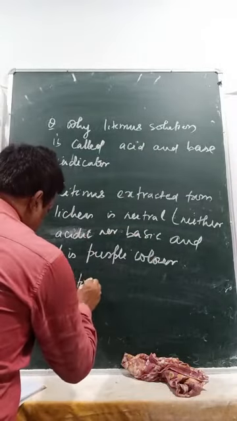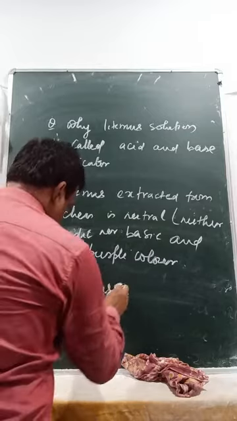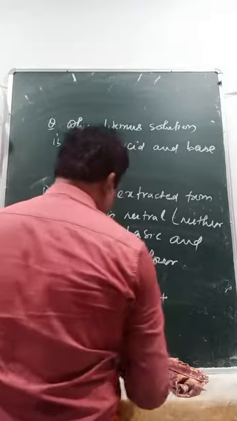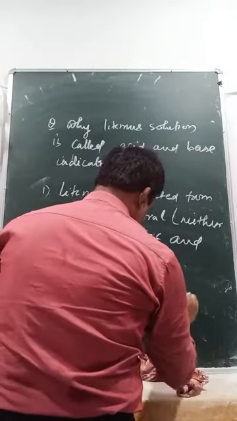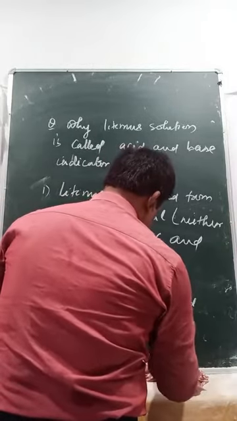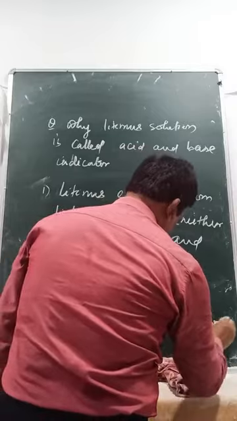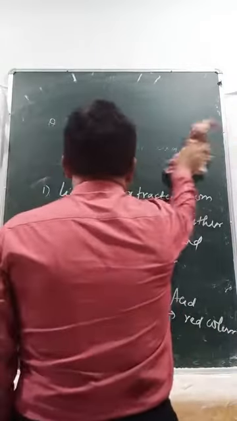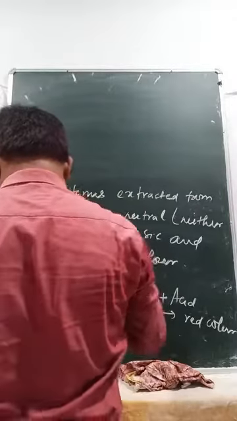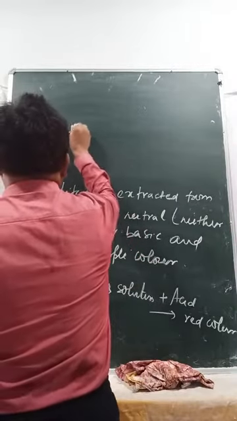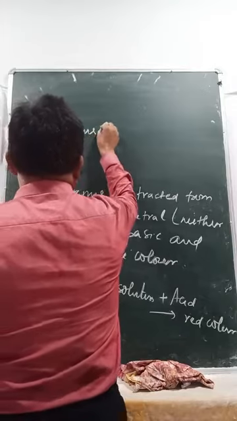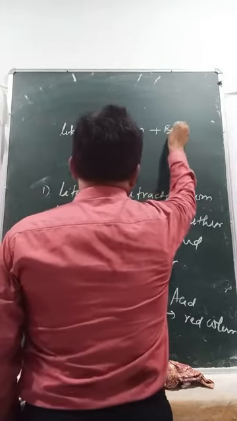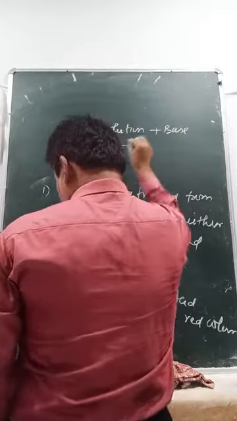Okay, so litmus solution plus acid gives you red color. Litmus solution with base gives you blue color.